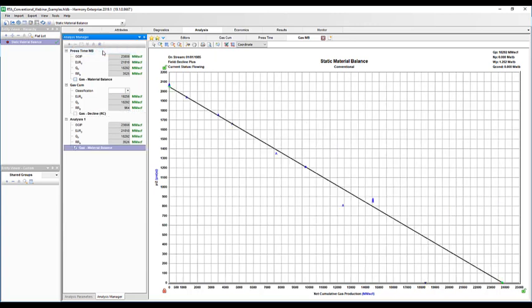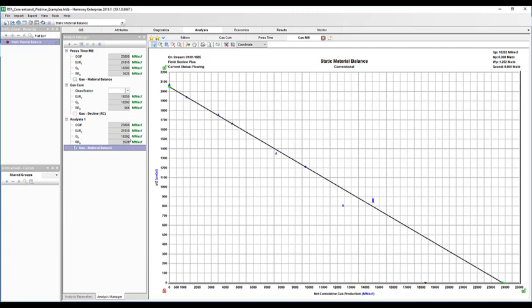Now this works in a similar way to decline as it creates a best fit through the points. So it generates the volumes in place, and we can see that the original gas in place that's been generated is 24 BCF and a normalized gas production of around 18 BCF.